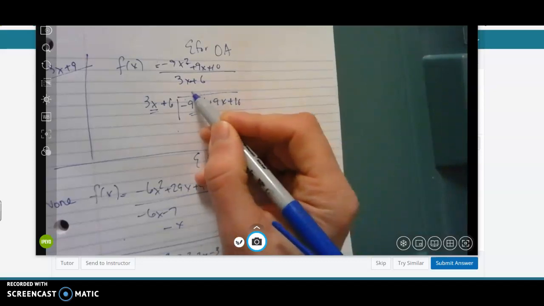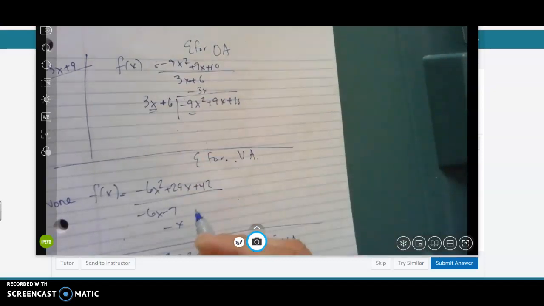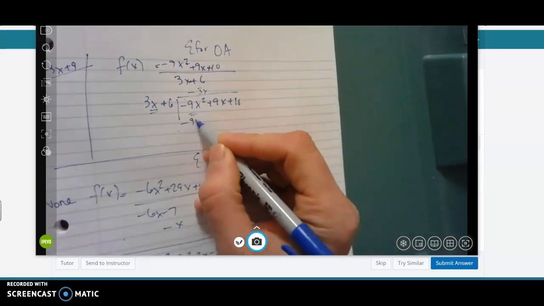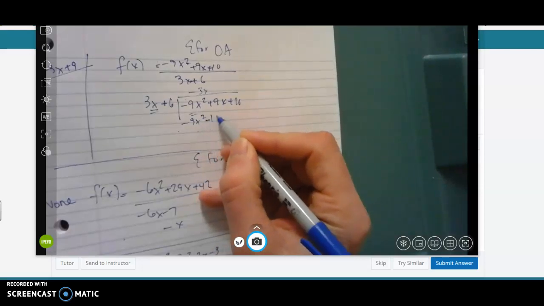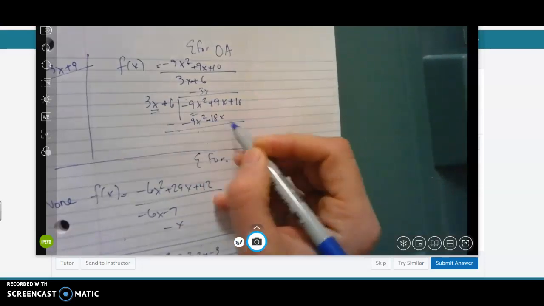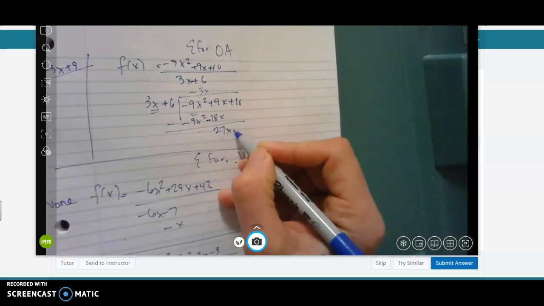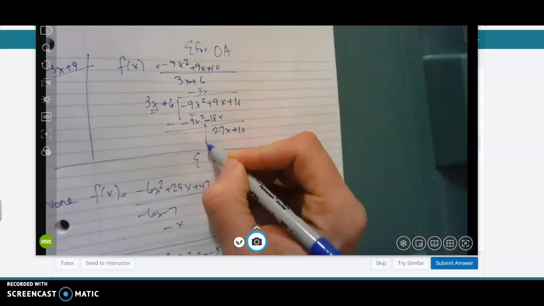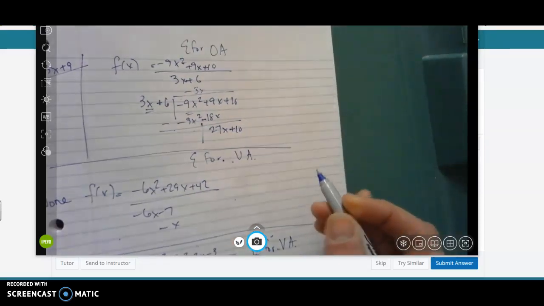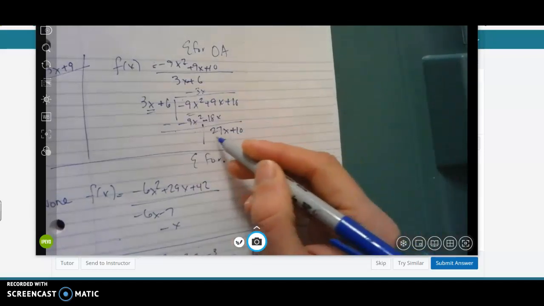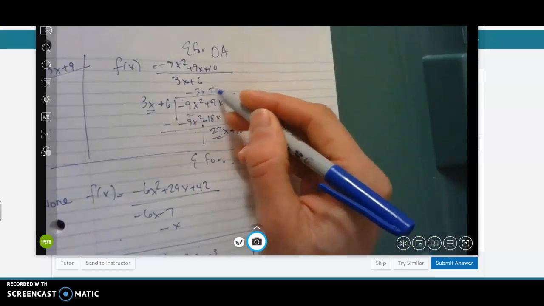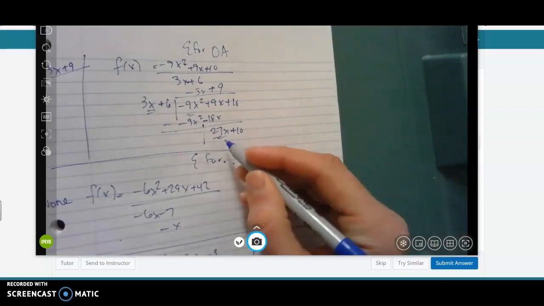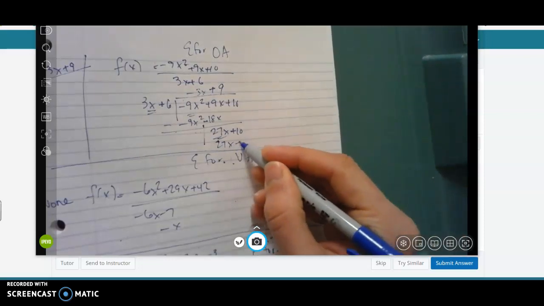We divide that in, and we get negative 3x. Multiply it down, we get negative 9x squared minus 18x. We subtract, and we're going to get 27x plus 10. Bring that down, and we're going to get 27x plus 10. If we multiply it down, we're going to get 27x plus 54.